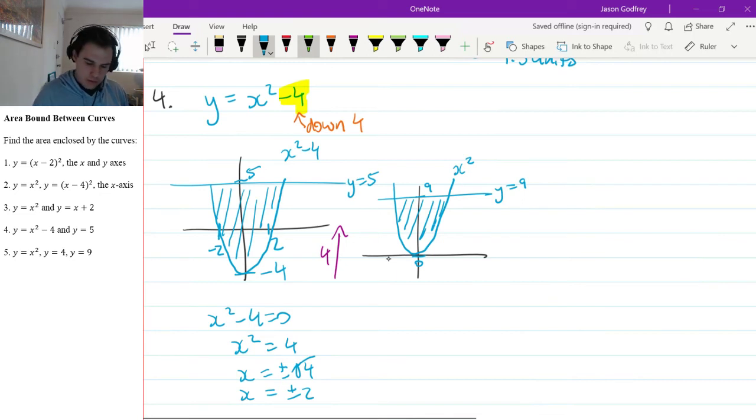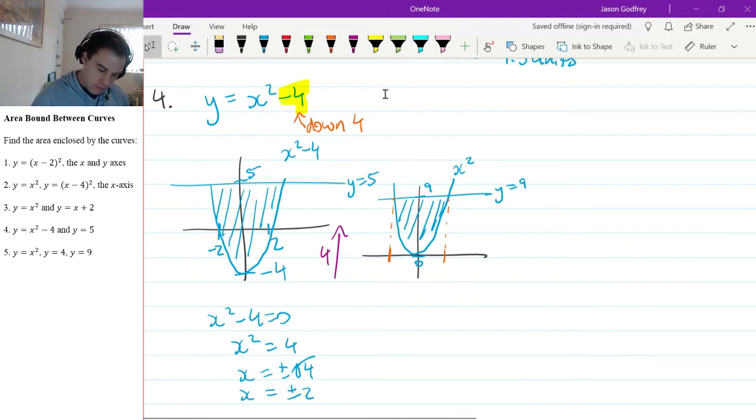But why is this easier? Well, now if we find these values here, we can find the area of this rectangle here and subtract away the area under x squared, and then we'll be left with this area here.